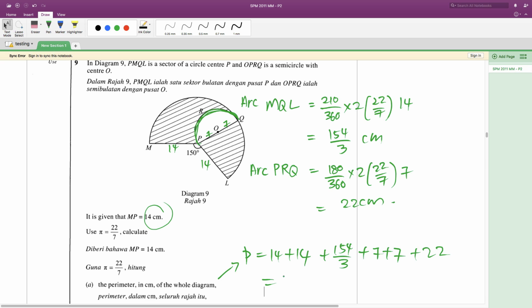You just join all the answers together. Maybe you can write centimeter here for length. 14 plus 14 plus 154/3 plus 7 plus 7 plus 22. So I guess you will get the answer 115.33 centimeter. Is my answer correct?